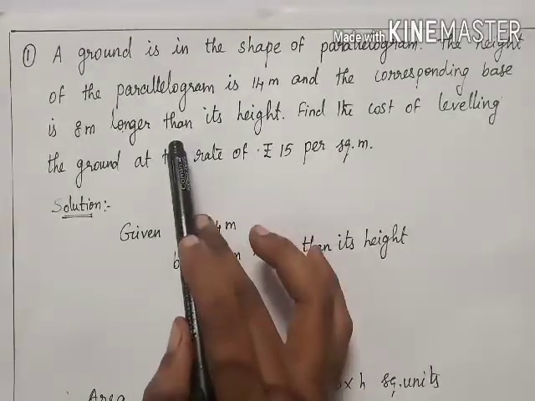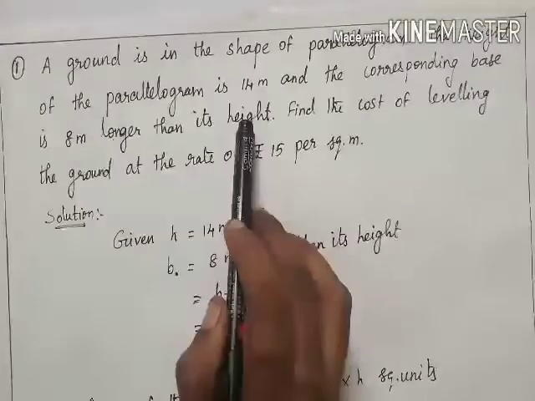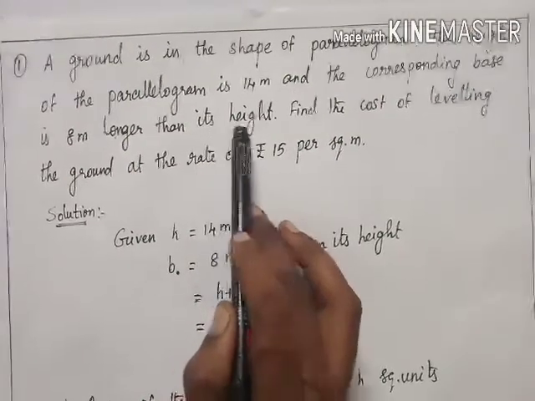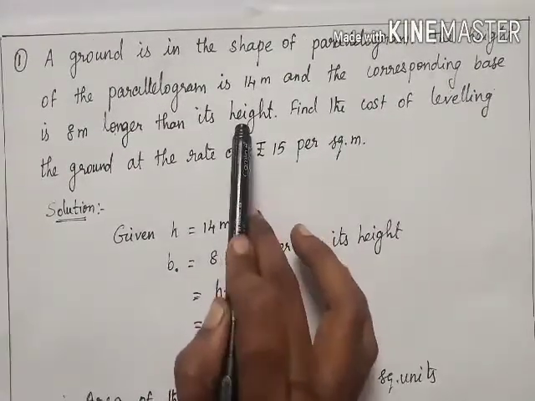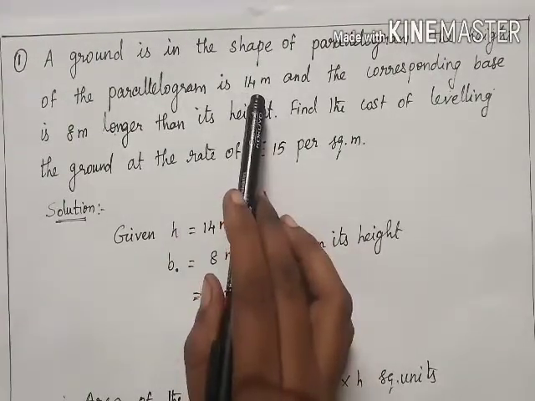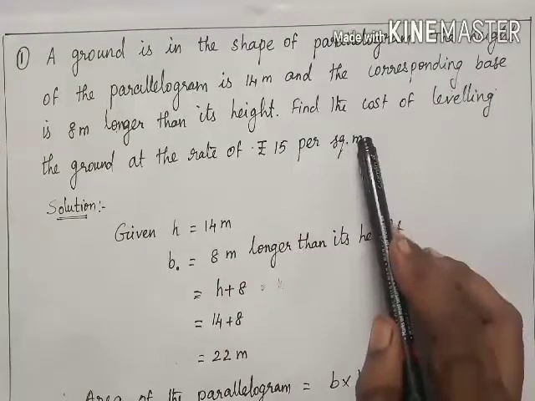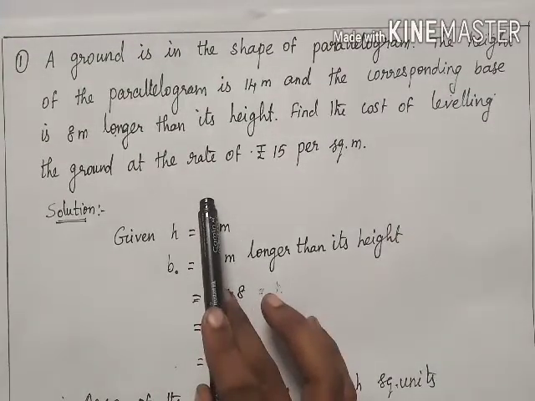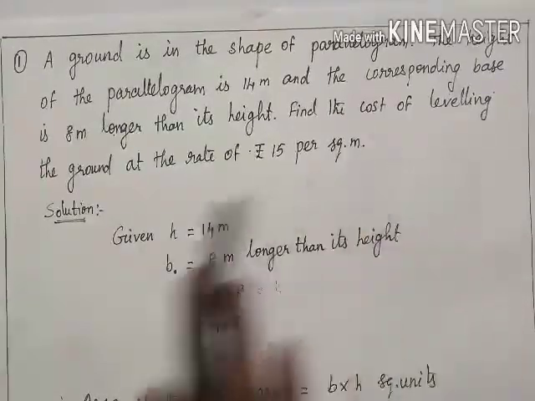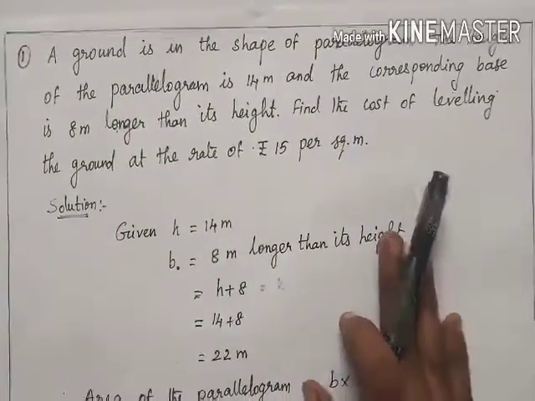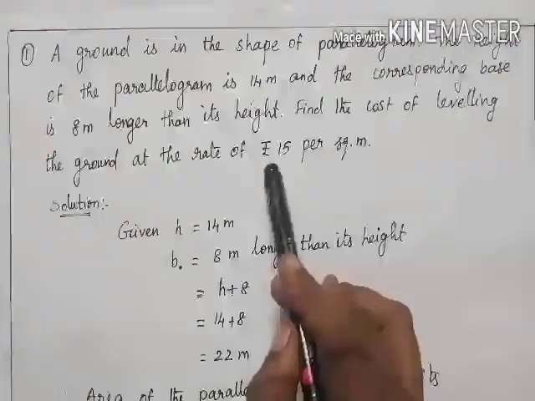Instead, one more sentence is there: corresponding base is 8 meter longer than its height. That means we have to add 8 to this height. Right? Find the cost of leveling the ground at the rate of rupees 15 per square meter. Cost of leveling means we have to find the area and then multiply that answer with 15.